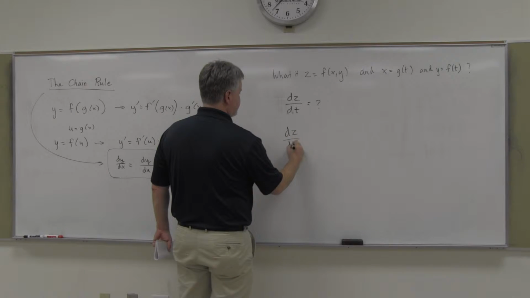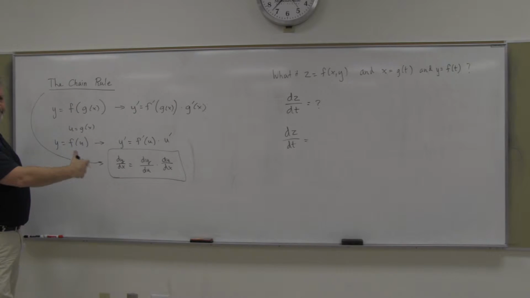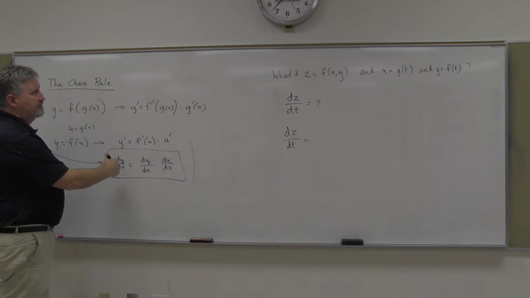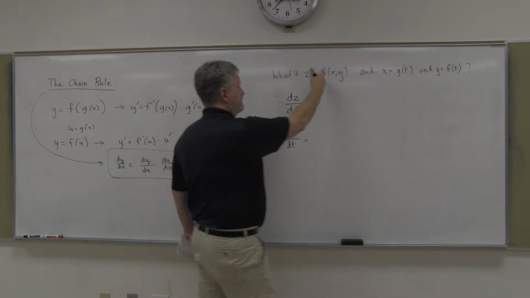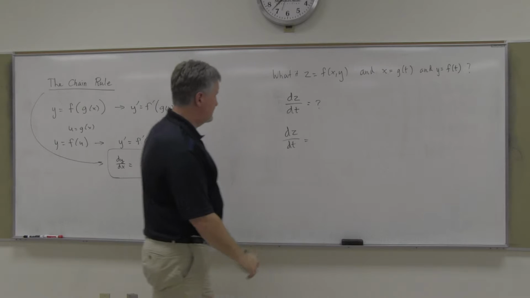For the derivative of z with respect to t, I've got to go through the same thing I went through here, because z is a function of x and y, and then x itself is a function of t.